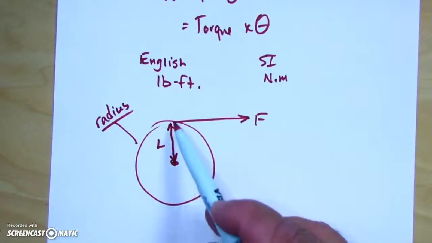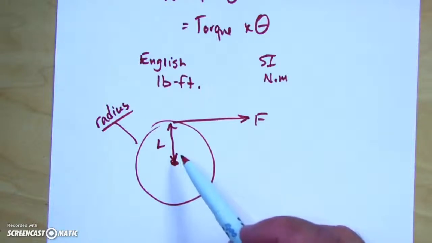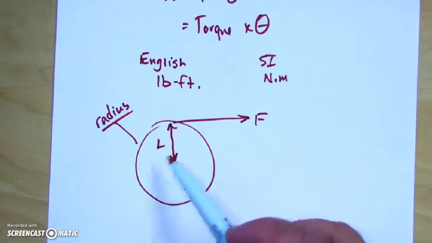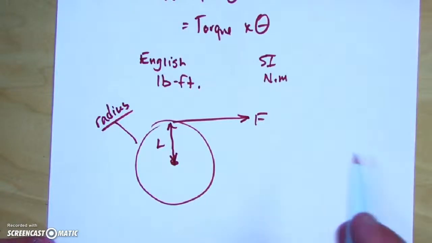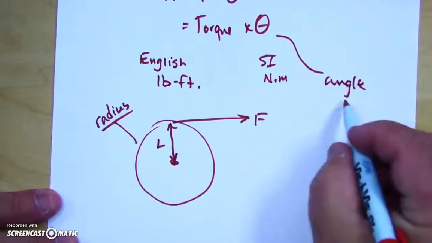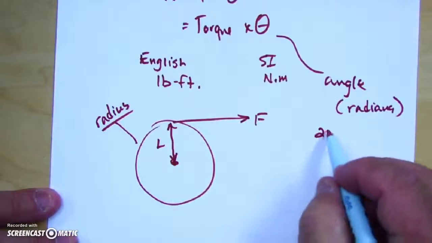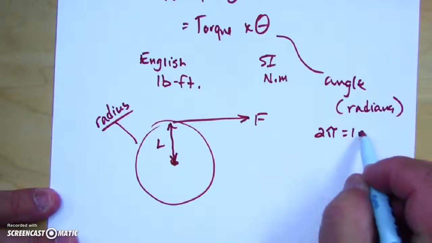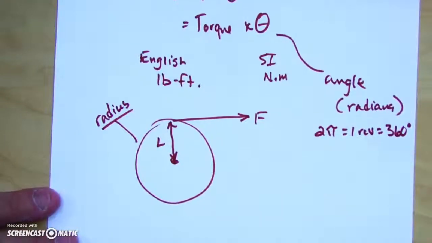If you have a bigger lever arm, you change the torque by doing that. That's why you have a big lever arm on the sprocket where your pedals are, and a small lever arm on the back sprocket of the bike. So work is equal to torque times theta. Theta is nothing more than the angle that you go through, but it's got to be in radians. Again, 2 pi is equal to 1 revolution, and of course, from our basketball fans, that's 360 degrees.